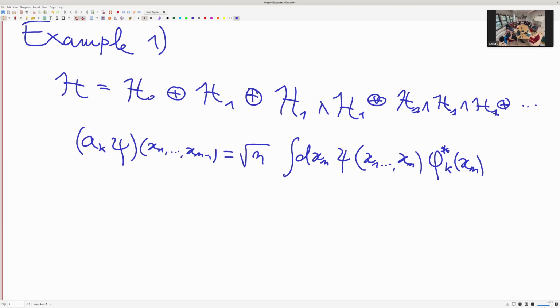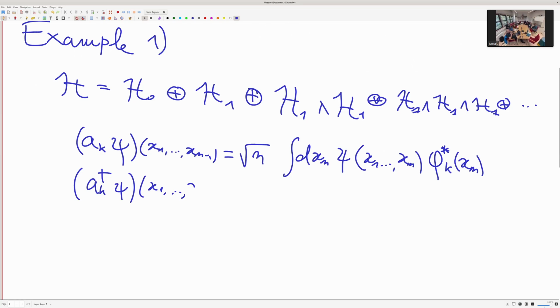And I also defined a dagger, which does the opposite. It adds a particle. So if you had n particles, now this has n+1 particles. And the wave function looks something like this.